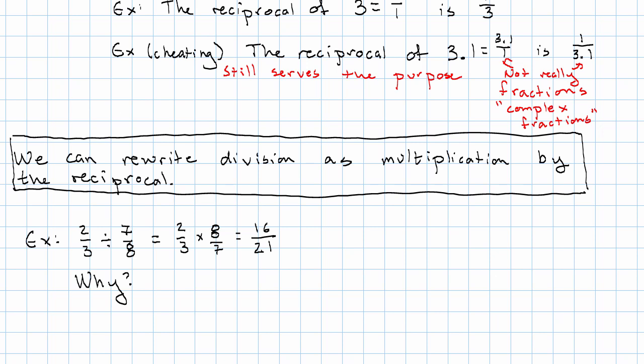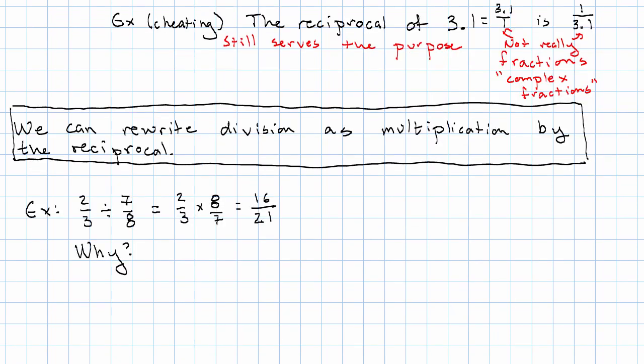Let's do this in the language of algebra, so that you know that it doesn't just work for the particular numbers in my example, but it works for any old numbers. Say we want to take the fraction a over b and divide it by the fraction c over d.